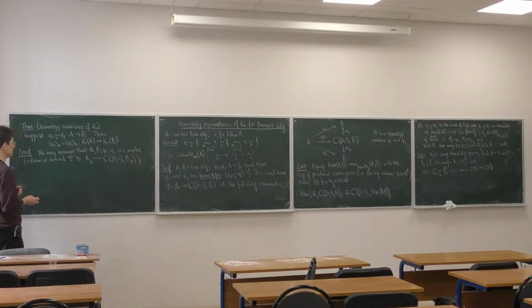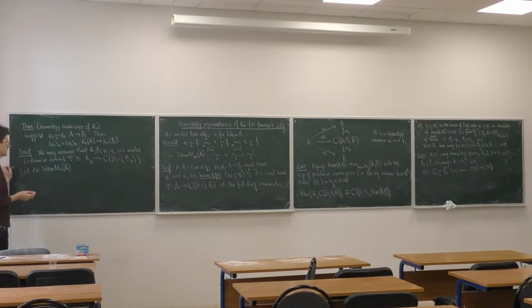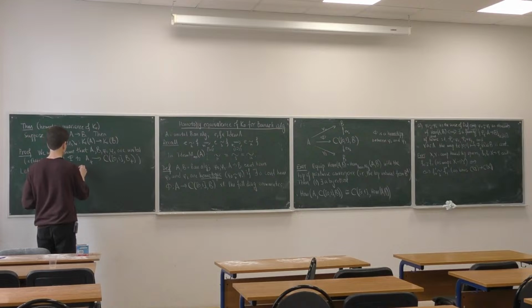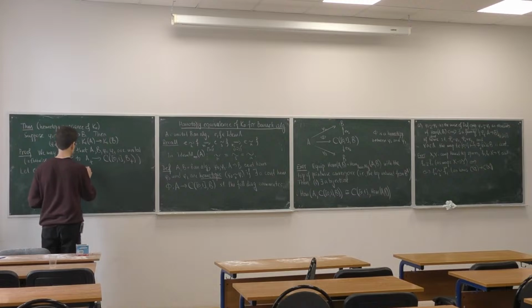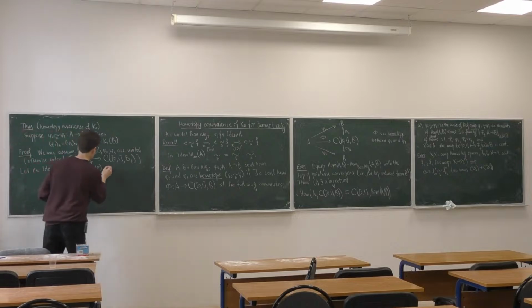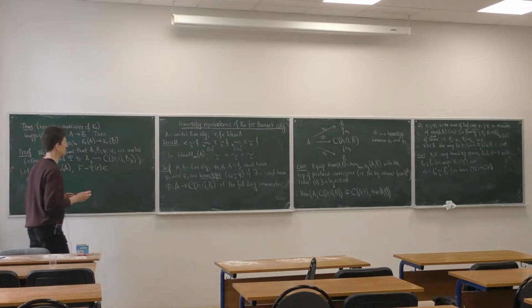Okay, now let's take an idempotent, denoted by E. Let E be an idempotent in the n by n matrix algebra over A. And let's apply big phi to E, and the resulting element will be denoted by big F. So this is phi of E. Where does it sit?